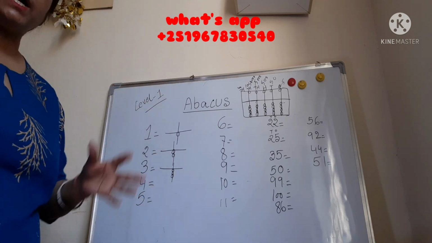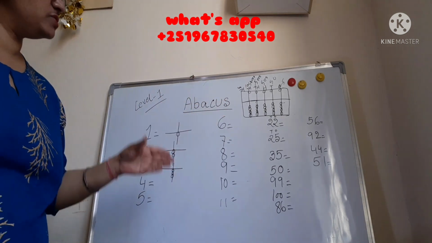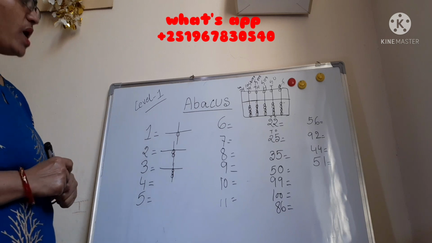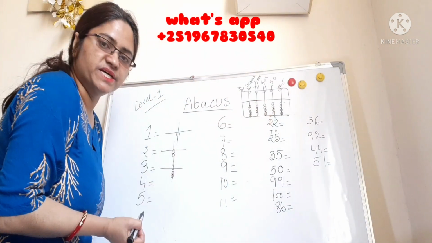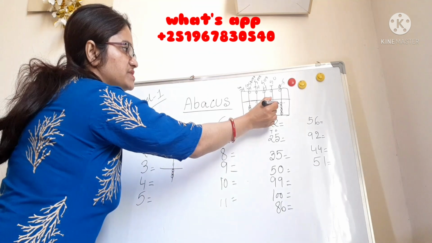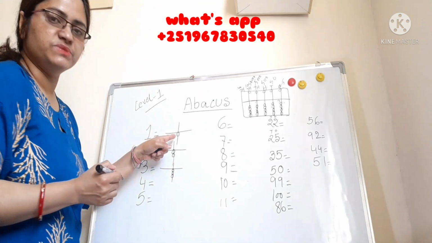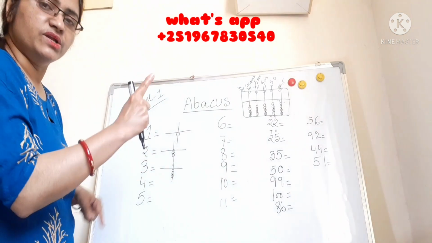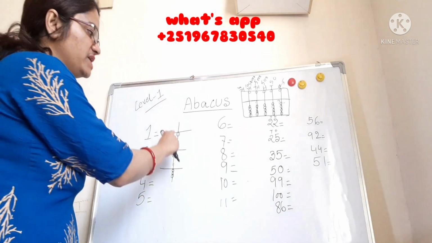Though I don't have the master abacus tool, I will just draw it. 1 means I have raised 1 bead up from here. That means this is 1. I will always use my index finger to bring beads up.